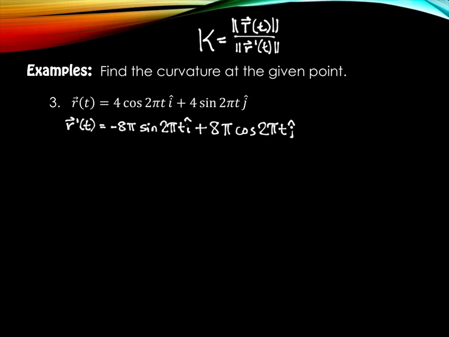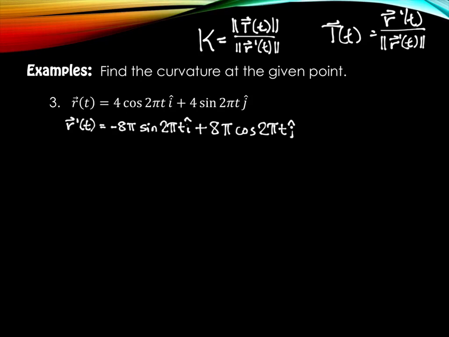Good deal. And then what are we supposed to do to find T of t after we find r prime of t? It's that over its magnitude, right? So the T of t is r prime of t over its magnitude, right? So what do we need to find next? The magnitude of that, right?